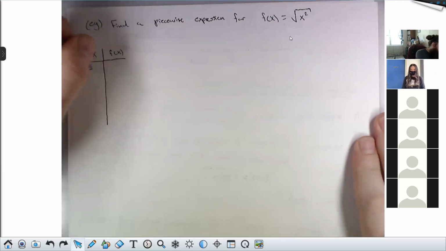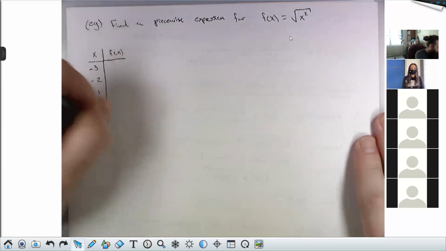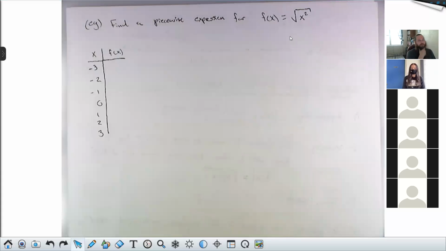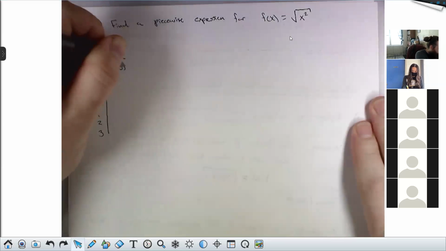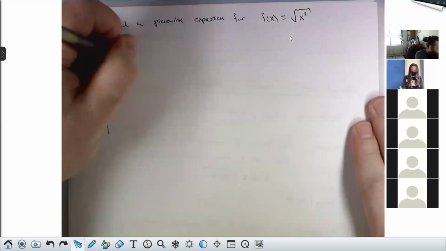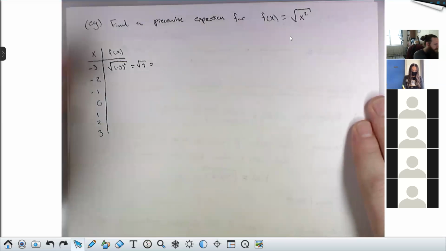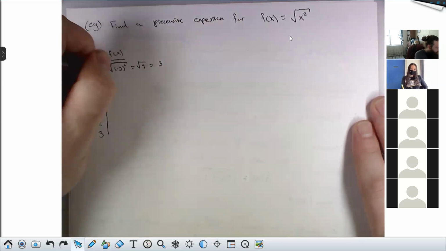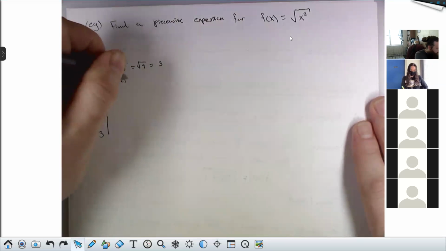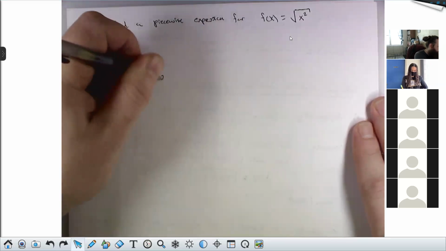So let's start with -3, -2, -1, 0, 1, 2, 3. All right. I want the square root of -3 squared. That's the square root of 9, because -3 times -3 is 9. And the square root of 9 is 3. The square root of -2 squared, that's the square root of 4, which is 2.